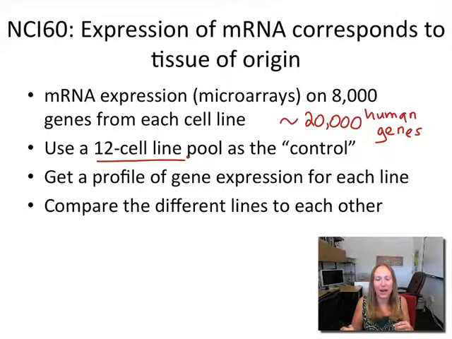So then the outcome of each comparison is how much does this particular type of cancer, say this breast cancer from this person number 72, differ from all of the other cancers that we've seen, or sort of the background cancer. So after doing this, they got a profile of gene expression for each line, and that profile is basically what makes that cancer unique. And then they compared the different lines to each other.